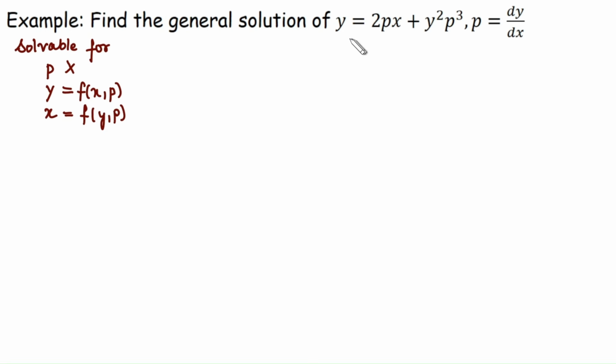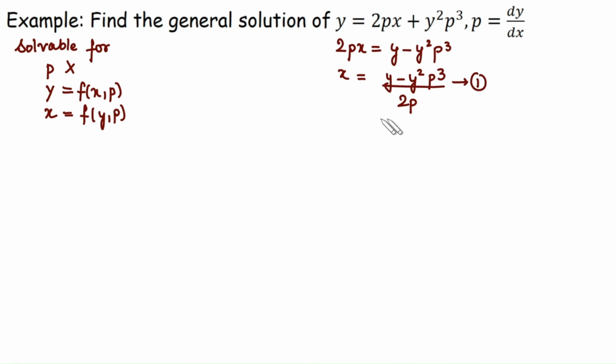From here we can write 2px is equal to y minus y square p cube, or x is equal to y minus y square p cube divided by 2p. So as x is explicitly represented in terms of y and p, we can say that it is solvable for x.